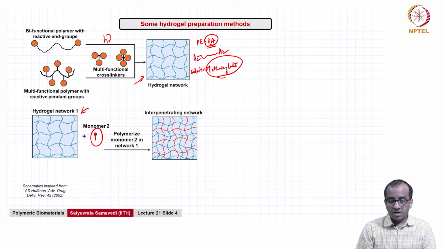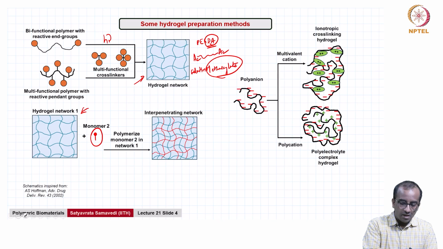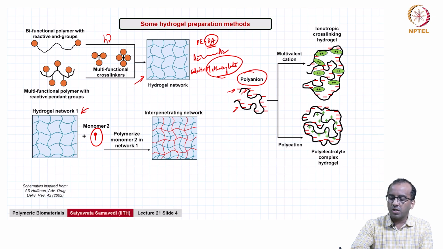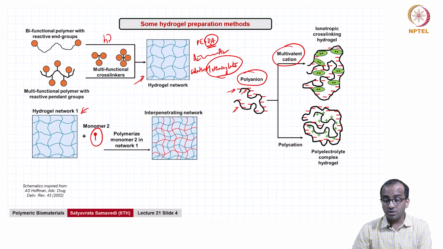An ionic example would be to look at, for example, a polyanion, like alginate, where you have these negative charges present throughout the chain, and there are potentially at least two ways in which you can cross-link them. One is to use a multivalent cation, and can you recall what cation is popularly used for alginate cross-linking?